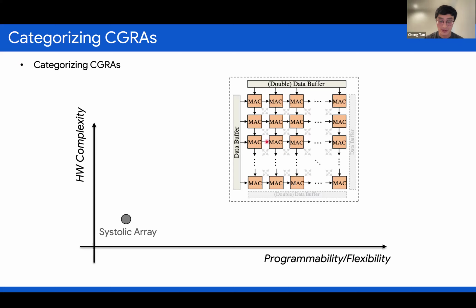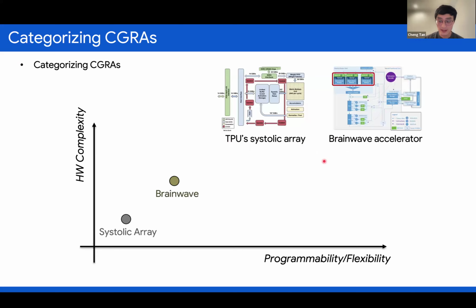So we view this systolic array as a subset of conventional CGRA because it has less routing opportunity and less functionality. Similar to some other machine learning accelerators, it still fixes the routing and the functionality, but it's different from the conventional CGRA in terms of granularity.